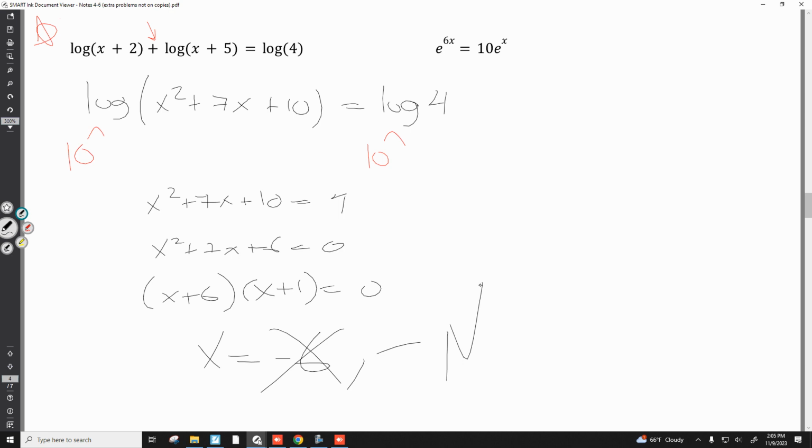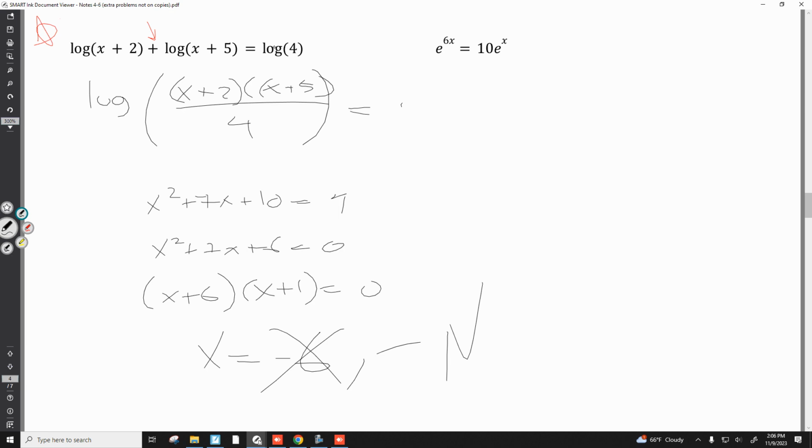Do you have any questions? Okay. There was one question: what if we subtracted log 4 to start? If you subtracted log 4, you could write this as log of (x plus 2) times (x plus 5) over 4.